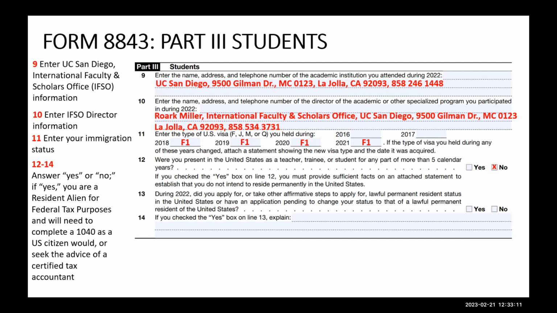And again, in question number 13, did you take affirmative steps to apply for green card status, permanent residency? If that's a yes, then chances are you're really not a non-resident alien for federal tax purposes, that you are intending to remain here, and you probably are a resident alien. But again, there could be extenuating circumstances, and so if this applies to you, you would want to seek the advice of a certified tax professional.